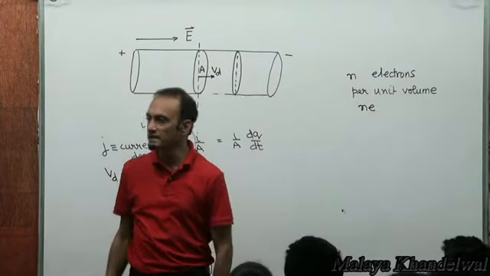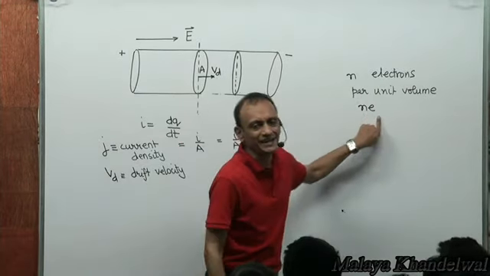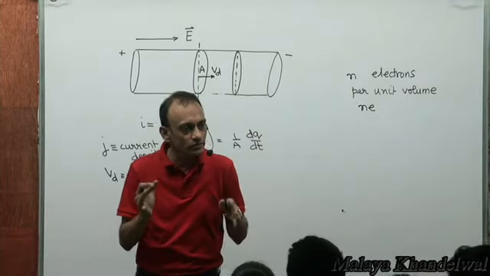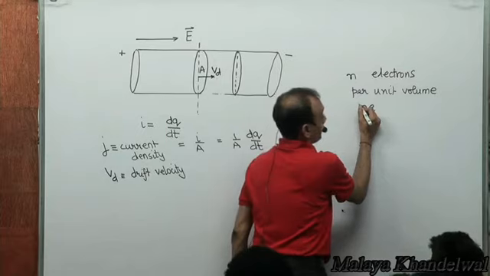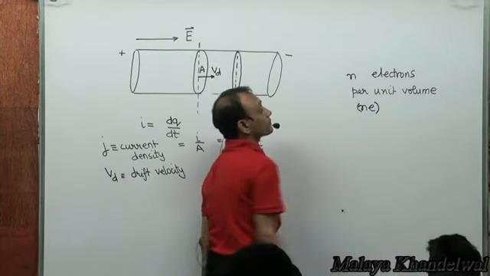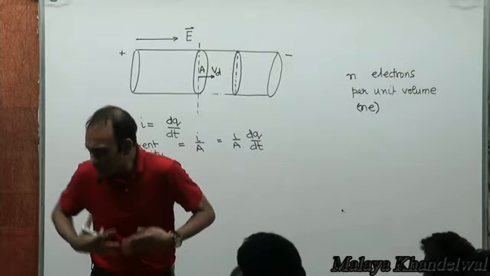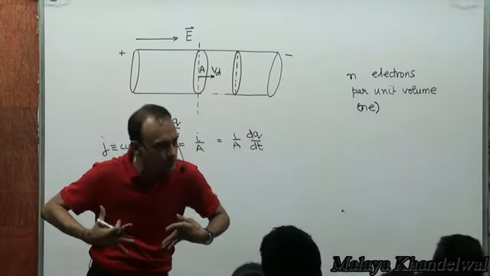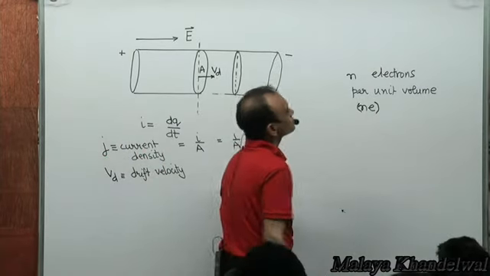E is the charge on an electron, right? There would be a charge Ne per unit volume, and the same amount of positive charges in that volume, right?